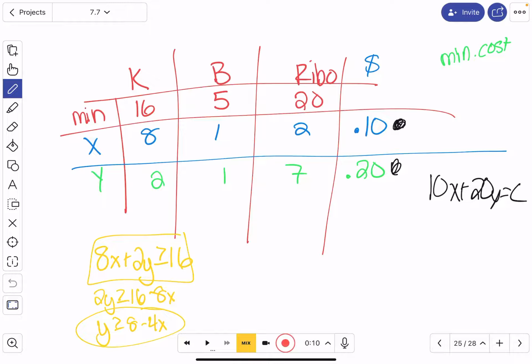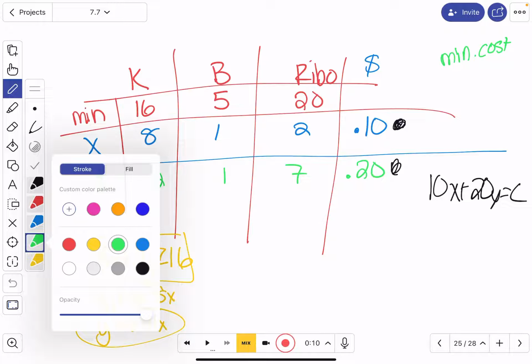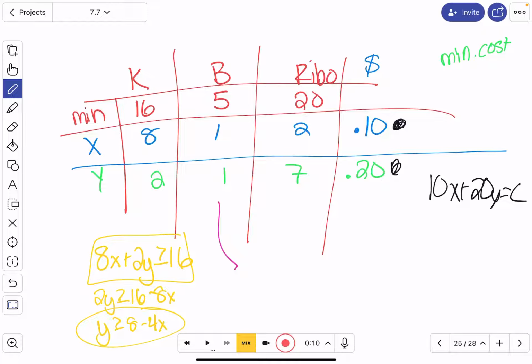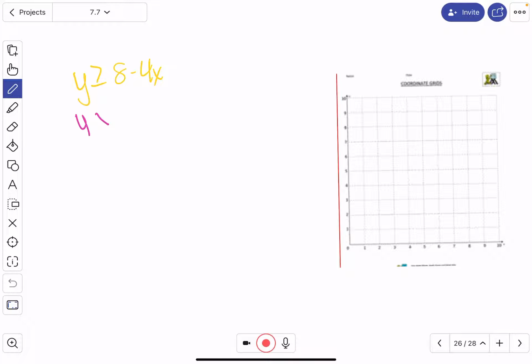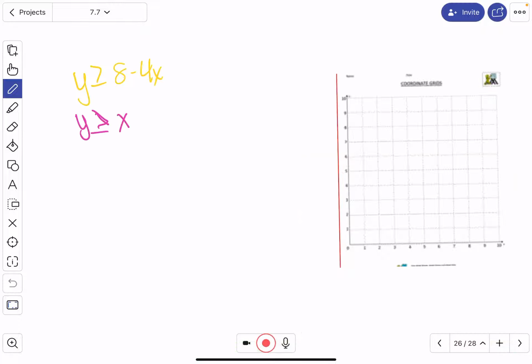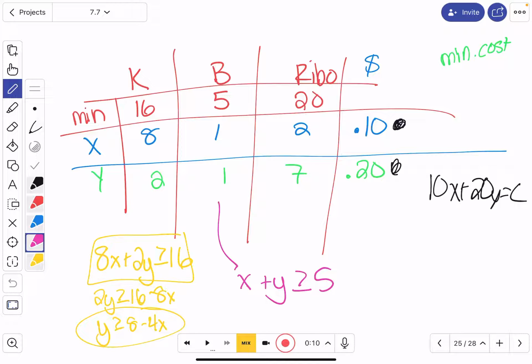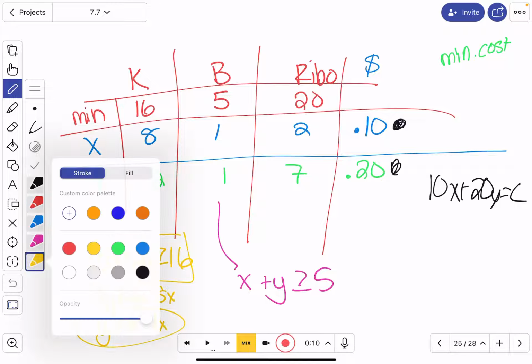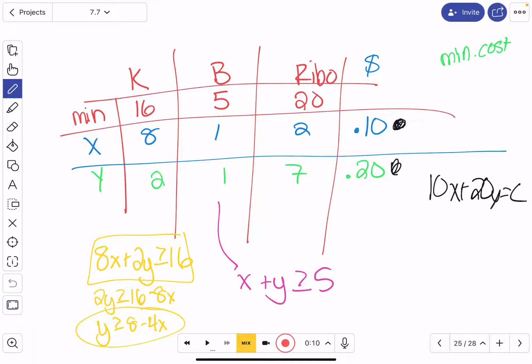That was 1. Now let's do B. We have 1x and 1y, and we need that greater than or equal to 5. So that's our other equation. Let's solve for y. So y is greater than or equal to 5 minus x. Then we're going to do our riboflavin, which would be 2x plus 7y needs to be greater than or equal to 20.